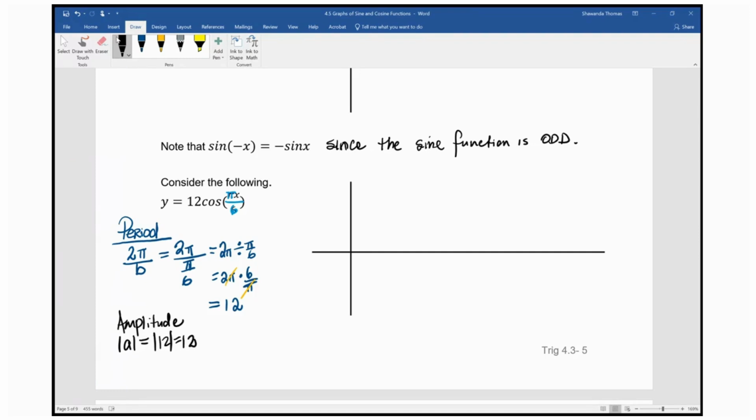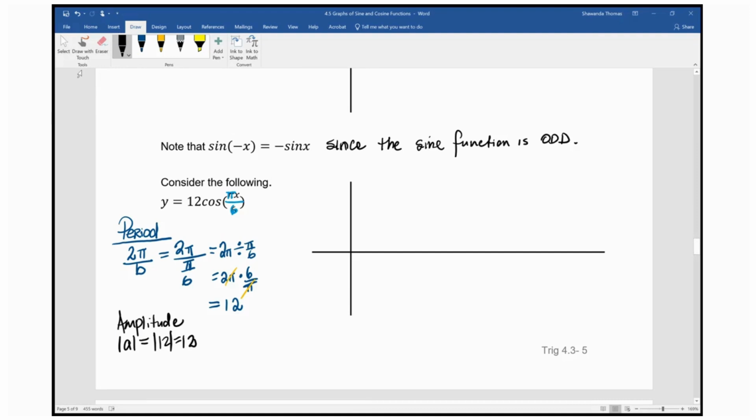What does the amplitude tell us, though? The distance from the midline. I'm going to start calling it the midline.